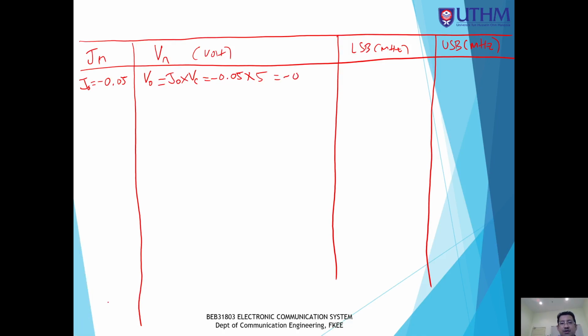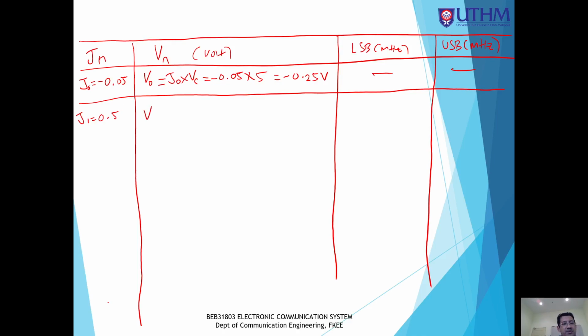So minus 0.25, and this is the center frequency, so there's no upper or lower because this is the center. Then we move to the first sideband, J1 is equal to 0.5.